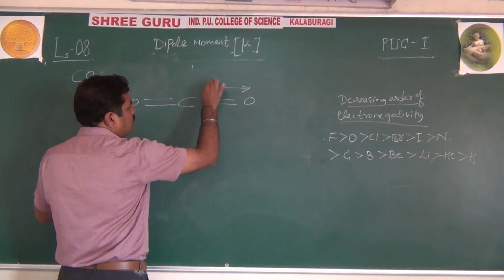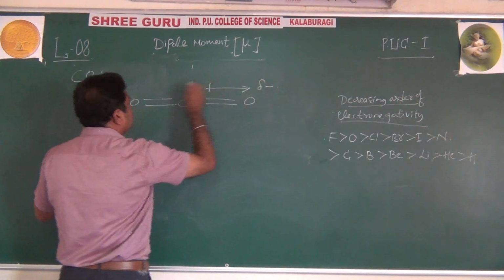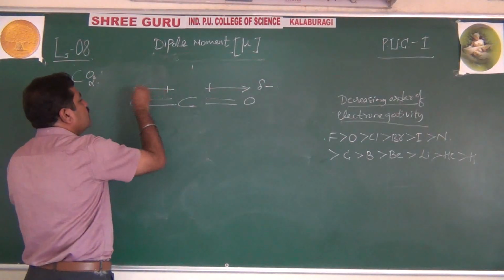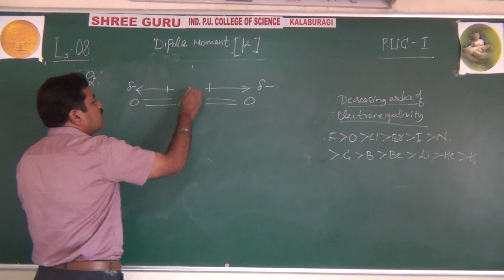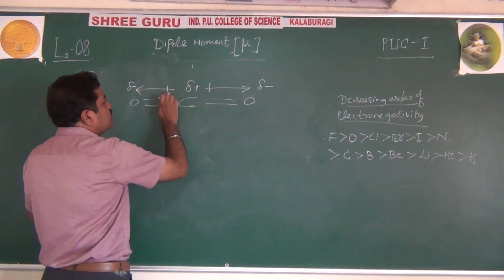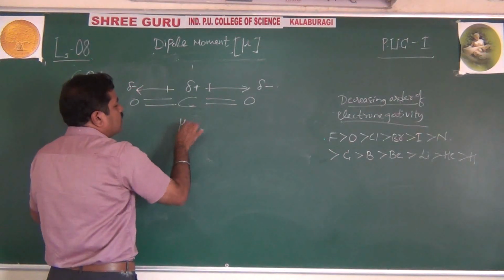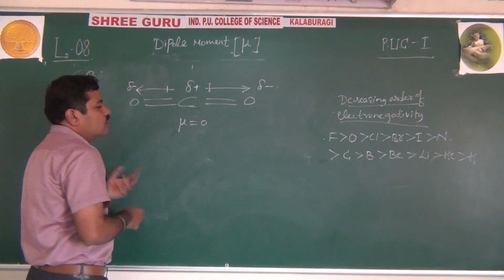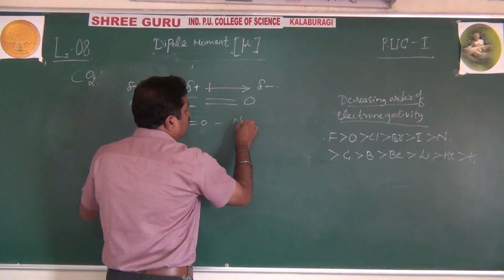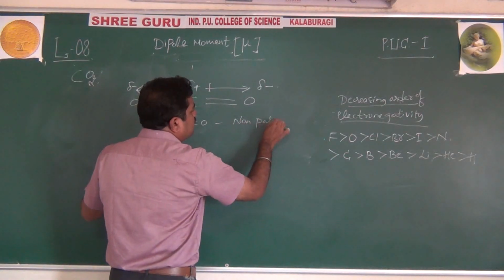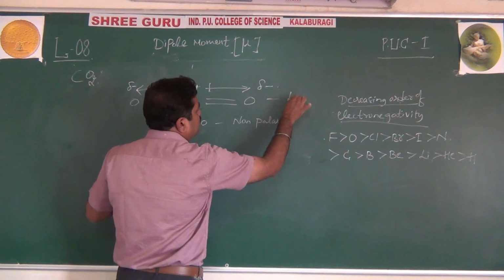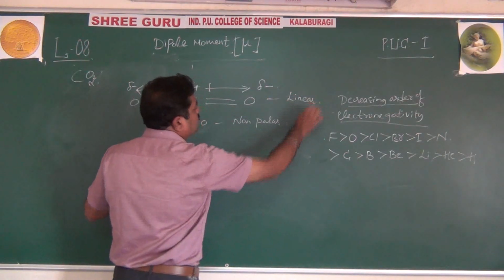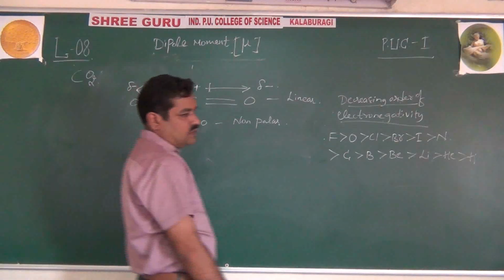Therefore the bond makes oxygen delta minus, carbon delta plus. See, bond moments are in opposite directions, mu value 0. So what is it? Non-polar. Very simple. It has a linear shape. Okay? This is carbon dioxide.